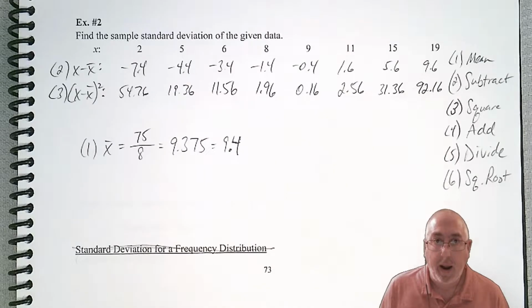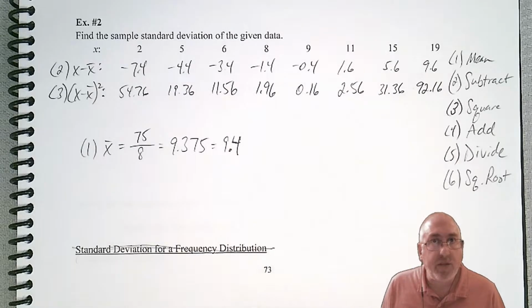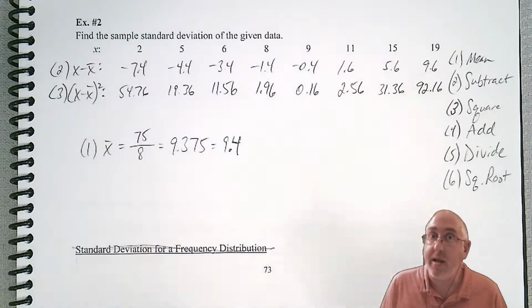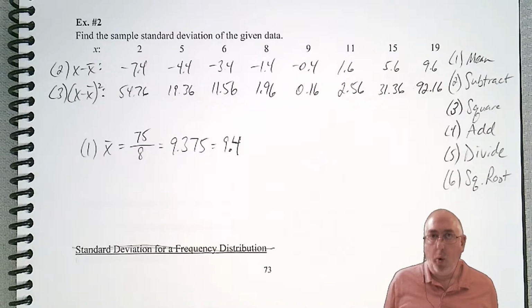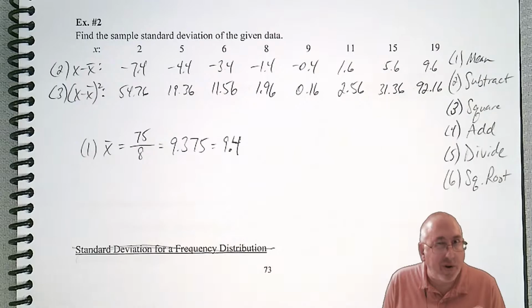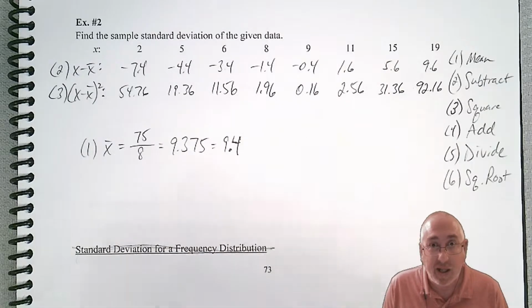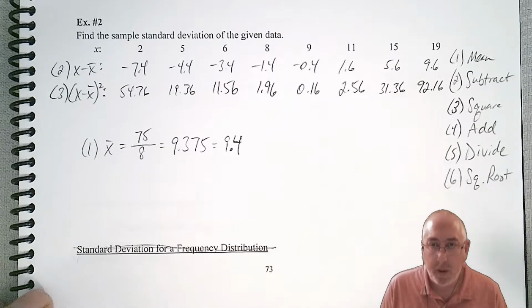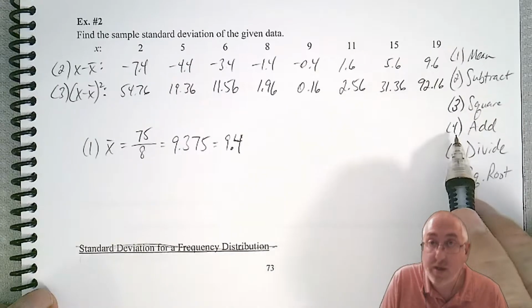Okay, there are a lot of steps to these standard deviation problems, but once you are beyond this course, you start to use technology more and more, and you can do these calculations much faster. But for now, if you're just learning it, unfortunately it does take a little bit of time. We are at step 4, which is to add.